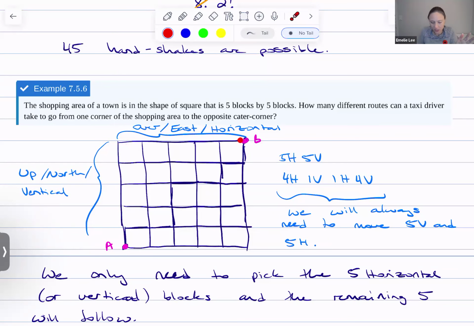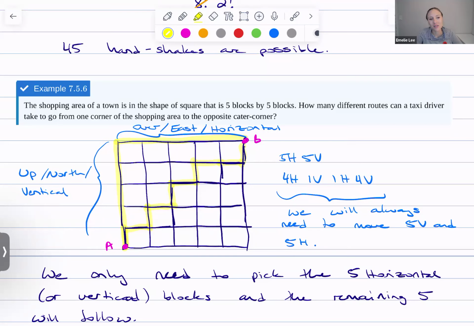There's a couple of different routes, right? You could go up 5 and then over 5. You could go up 1, over 1, up another one, over another one, and so on. Go this way, mix it up, get crazy, right? Just so I didn't overlap the yellows.